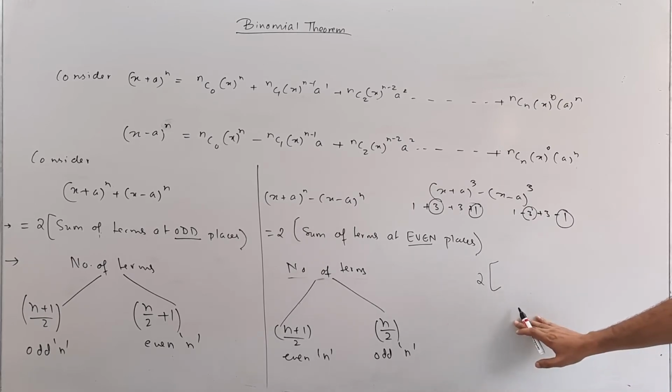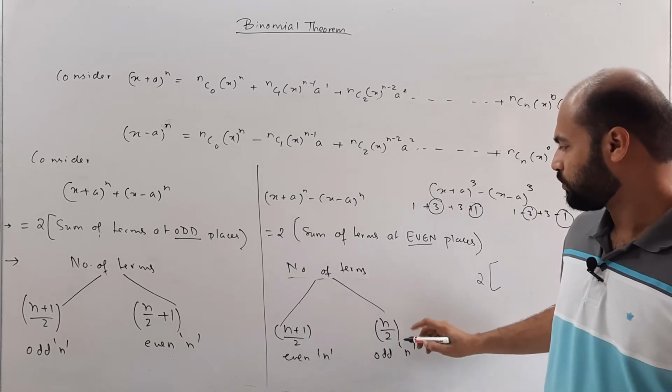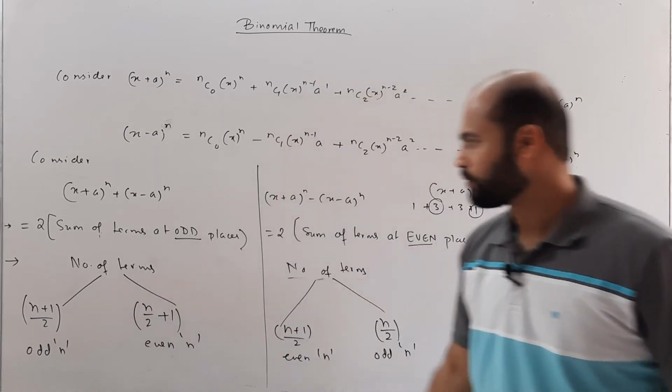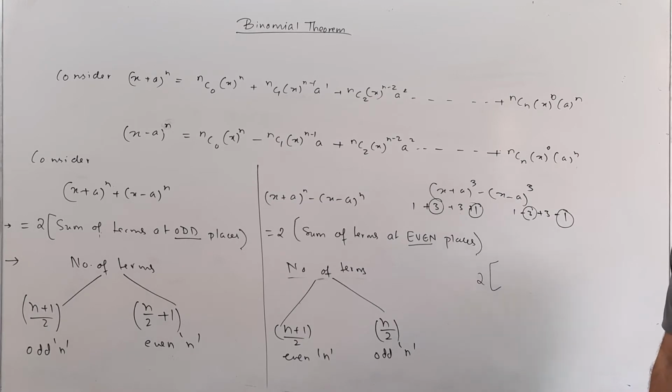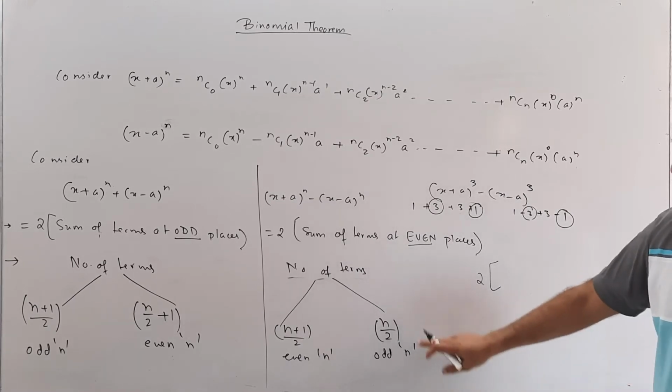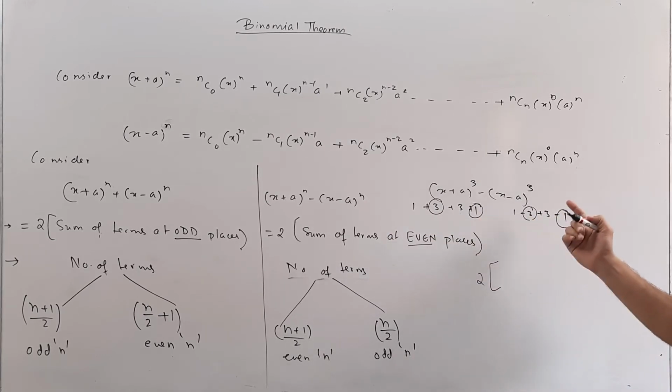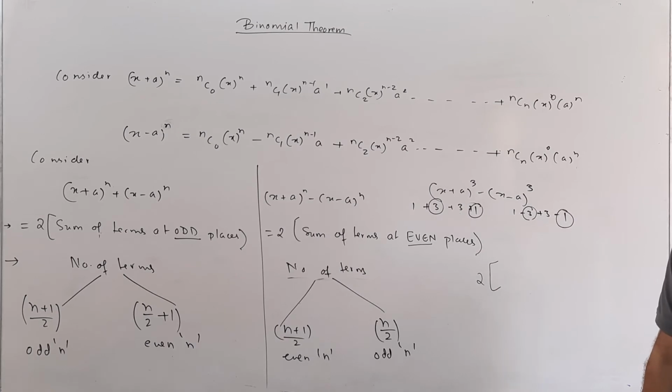So that is valid in the case of this expression, that is when the n is odd. So now when the n is odd, you can see for yourself that in such a case, when they are added, the number of terms are going to be 2.